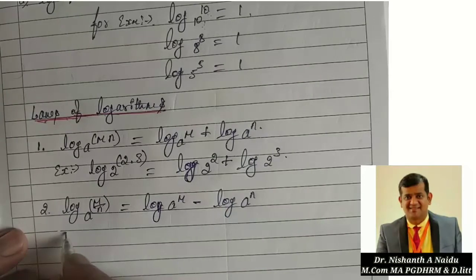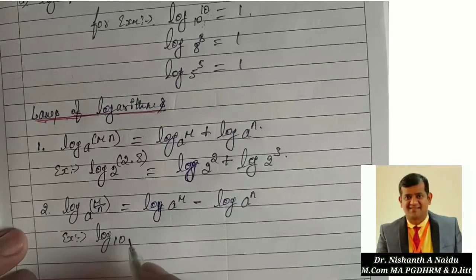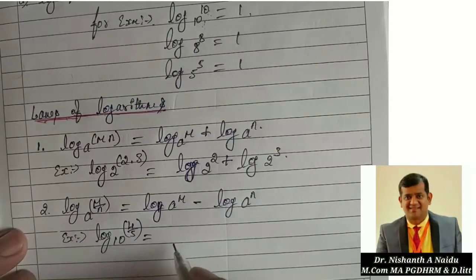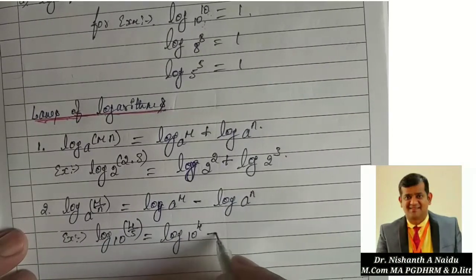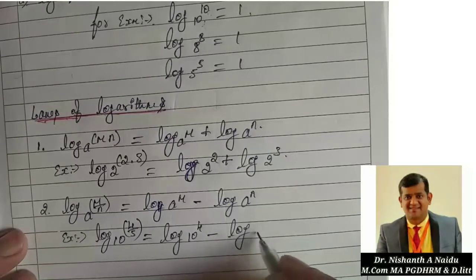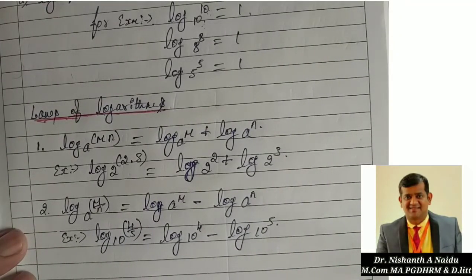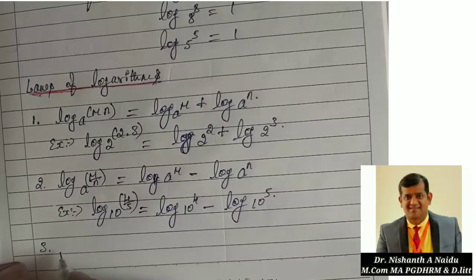I am giving an example here: log 10 to the power 4 divided by 5 is equal to log 10 to the power 4 minus log 10 to the power 5. Understood? Fine.